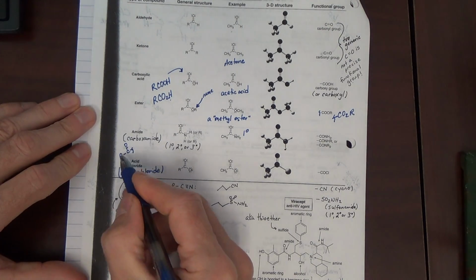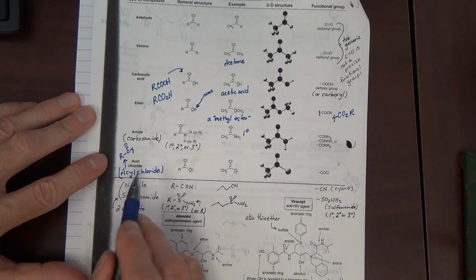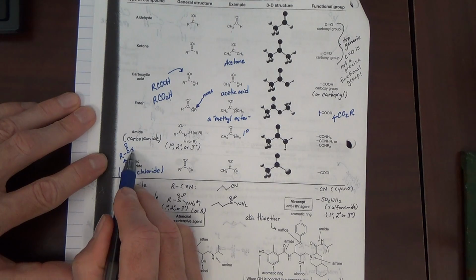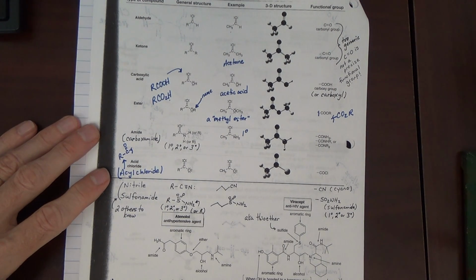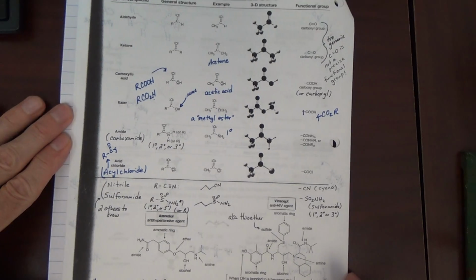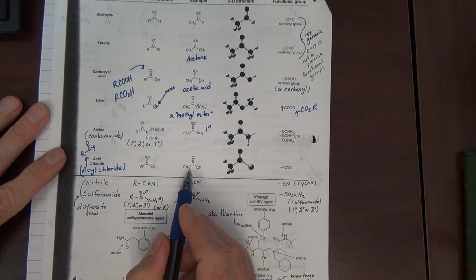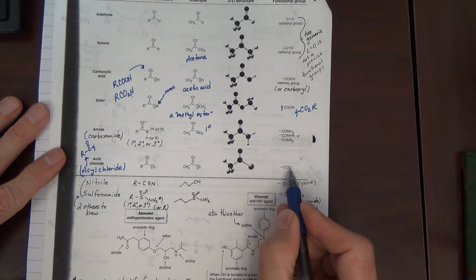But together all that is called an acyl, and then if you tag on a chlorine to that carbon, it would be an acyl chloride. Specific example, and that's the condensed version.